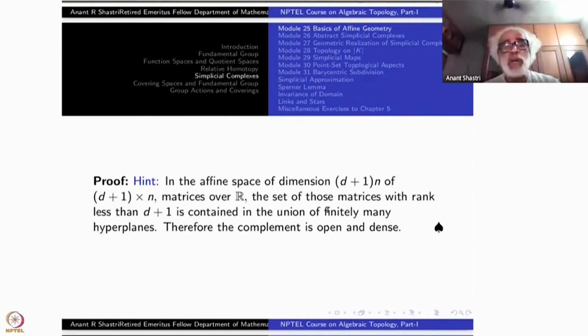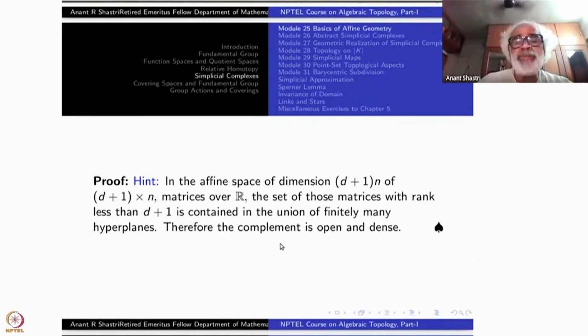Any D plus 1 vectors, they would have to be linear combinations of something and so on. So those are the matrices with rank less than D plus 1. Therefore the complement of these finitely many affine subspaces is open as well as dense.